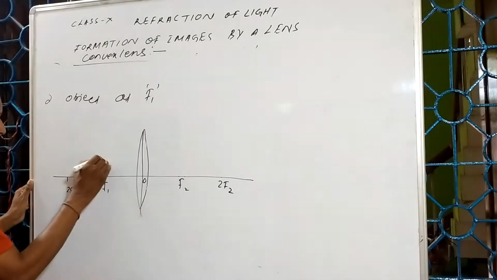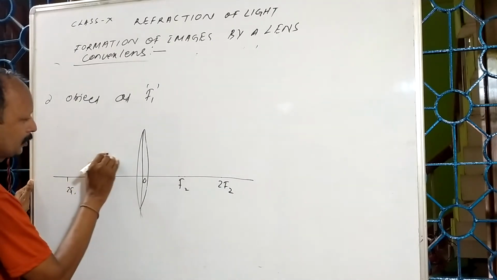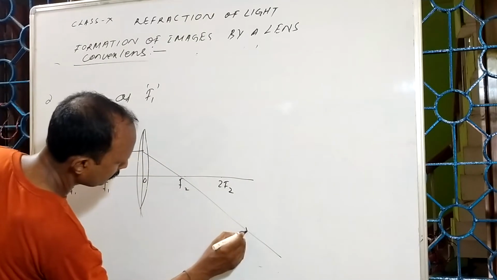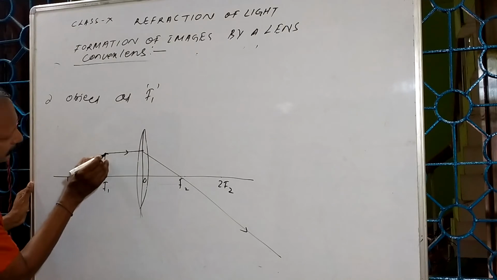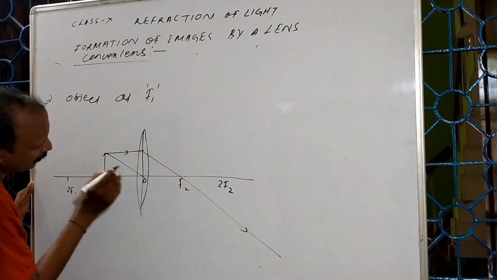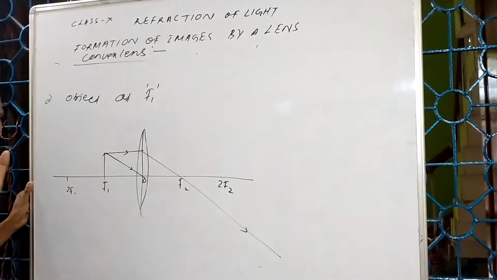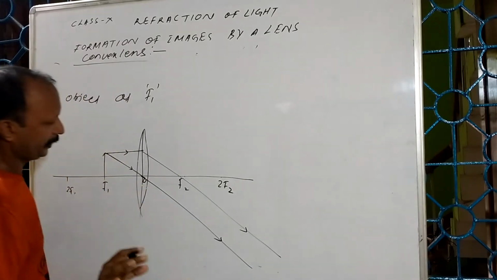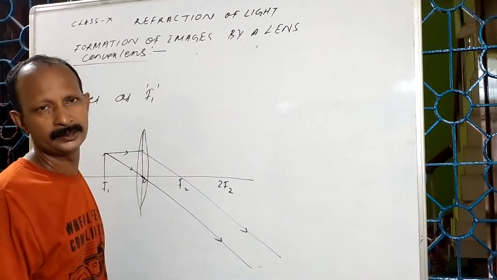Now I am taking the object at F1. So the ray which comes parallel passes through the focus. Next, from this point, the incident ray meets at the optic center, so it moves undeviated.